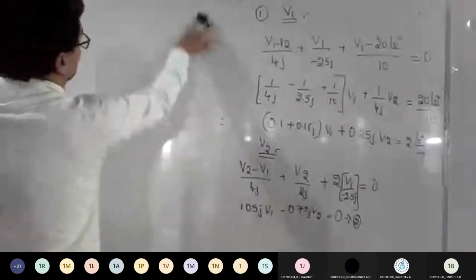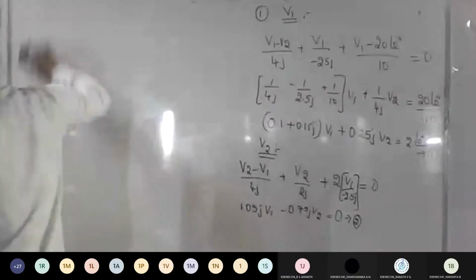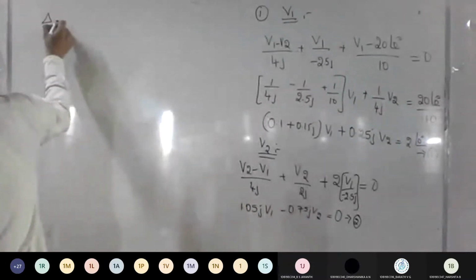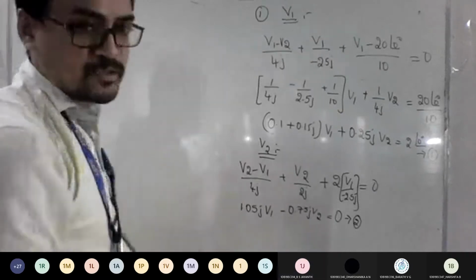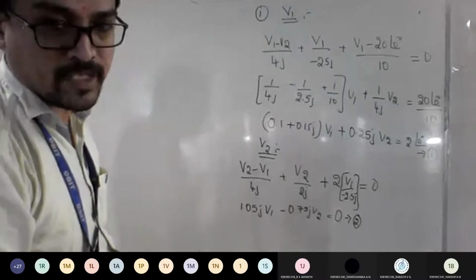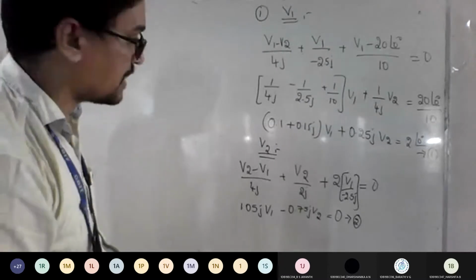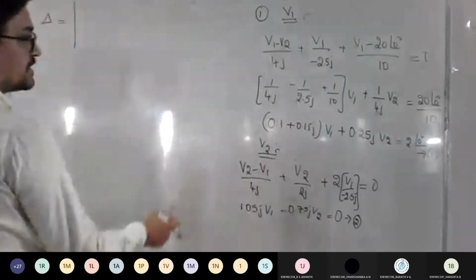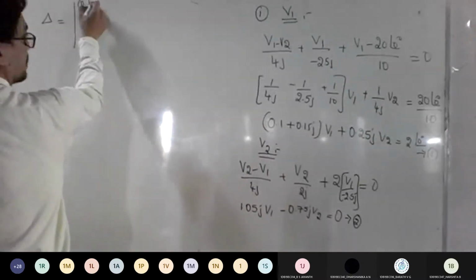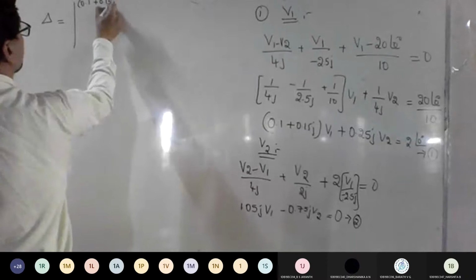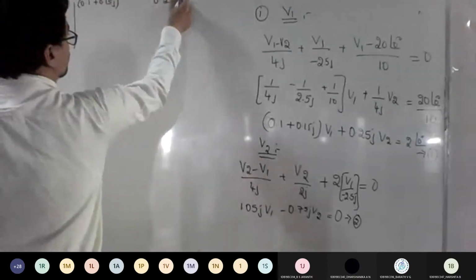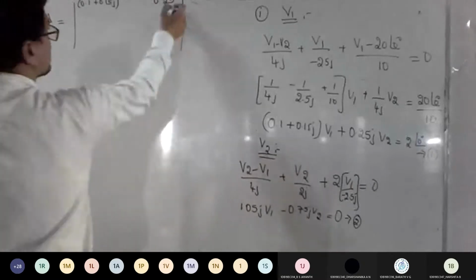So now what should you find? V1, which means you should find delta. To find V1 I need delta, so V1 is delta 1 by delta. How will you find delta? Write the V1 terms in the first column: 0.1 plus 0.15J, then 0.25. Since it is 2 cross 2, you can do it easily.